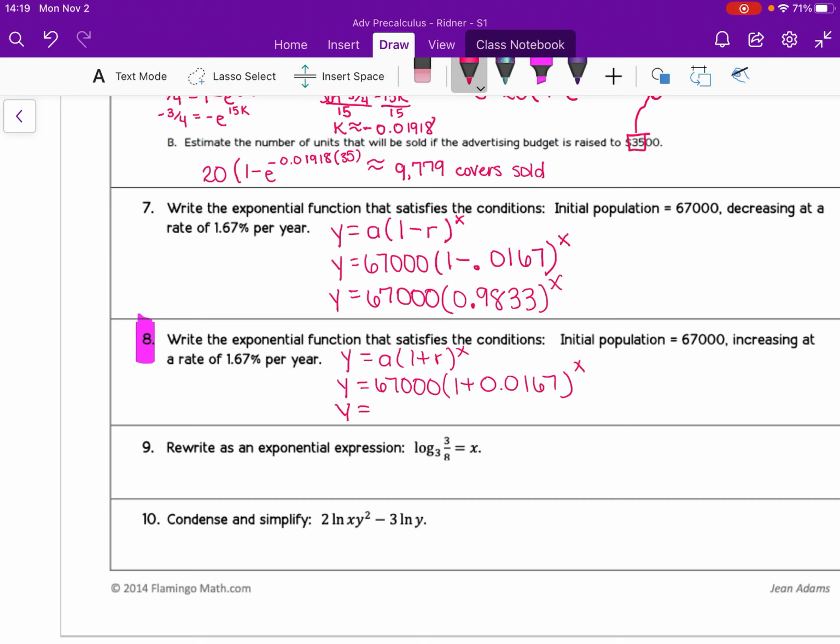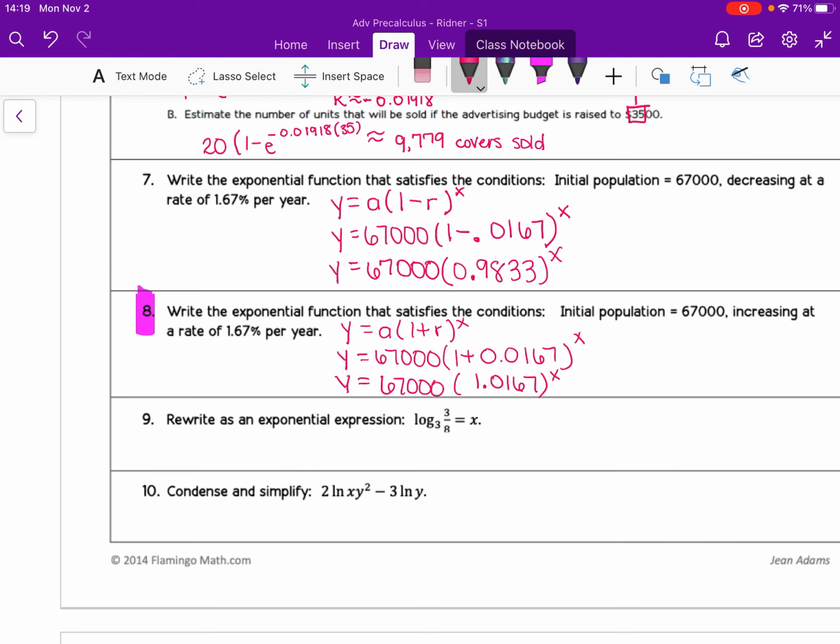So when I do 1 plus that decimal, I just get 1.0167 raised to the x, and then all that times 67,000. Okay.